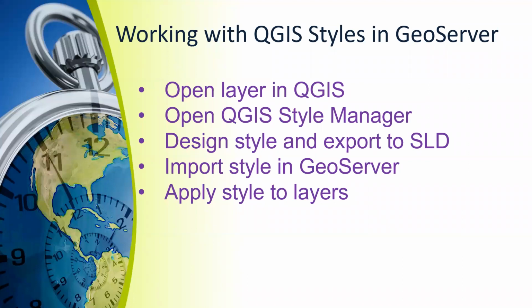Then, we were able to open the shared layers styles in QGIS. We were able to open the style manager or the symbology property window. We were able to design the style and export to SLD, and then we were able to import the style in GeoServer and apply this style to the layers, as we have seen in one of our colleagues' screenshot.